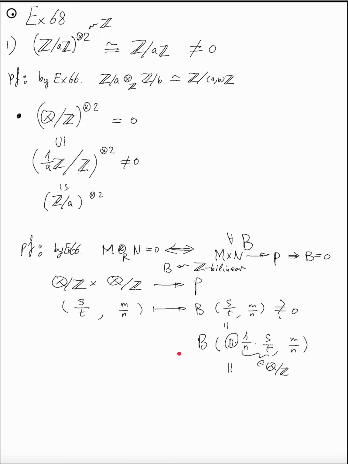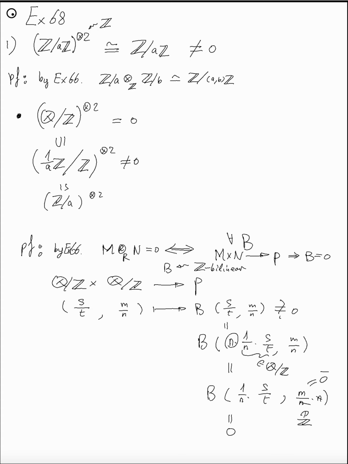And when you move it outside and then you use bilinearity, send it to the second position, you hence got this, right? And this is an integer in Z, and so this is 0 in Q quotient by Z, and so this is 0.